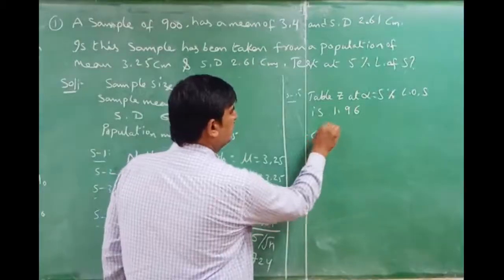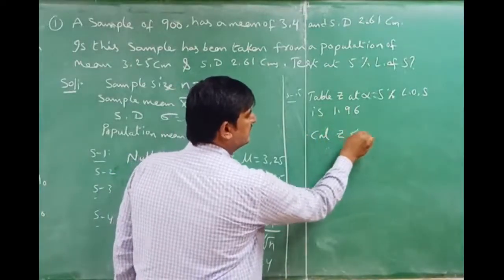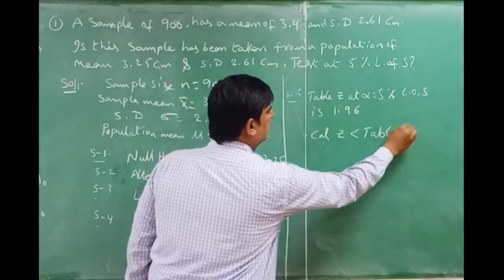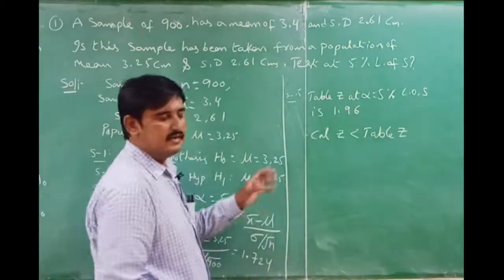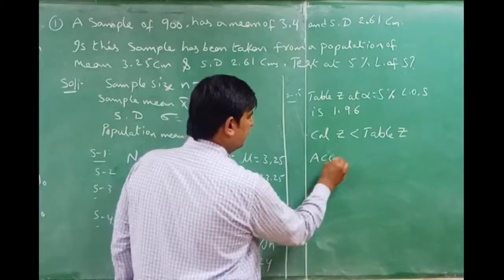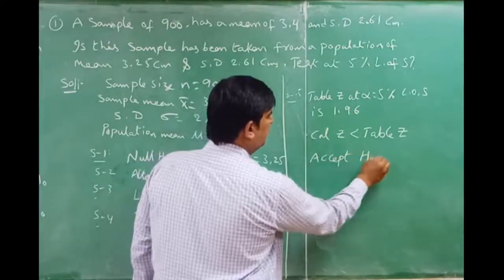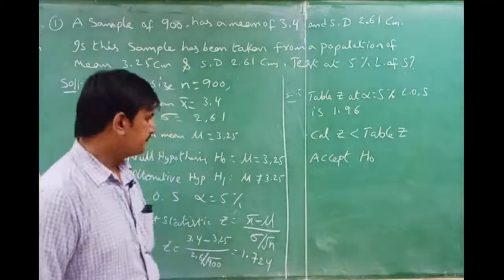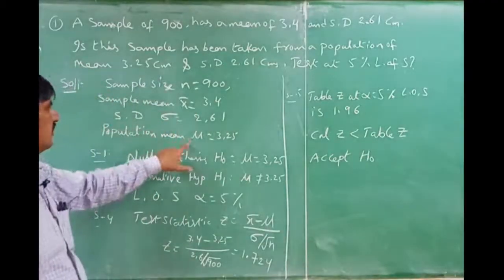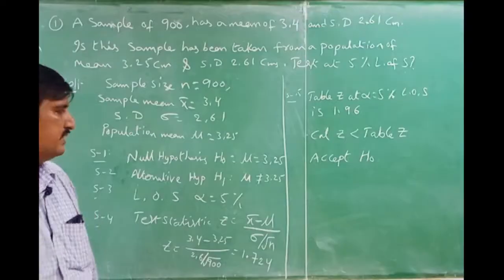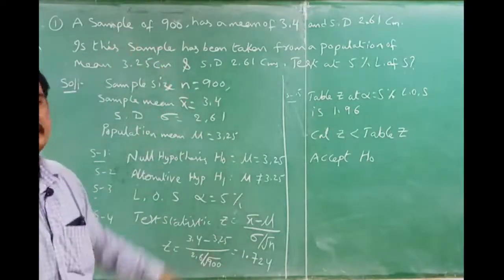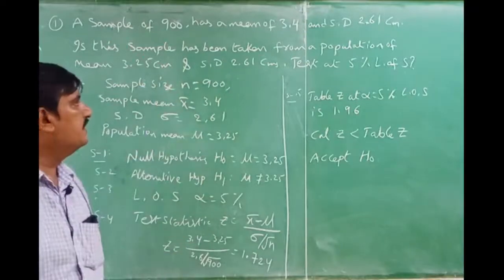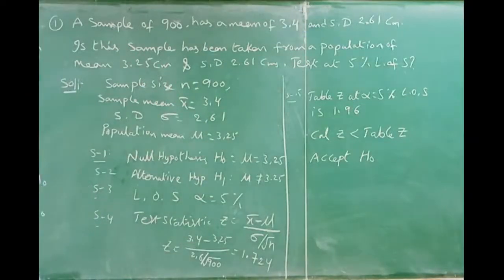Therefore calculated Z is less than table Z. If calculated Z is less than table Z, we accept H0. That means this sample is taken from the population which has a mean of 3.25 centimeter.